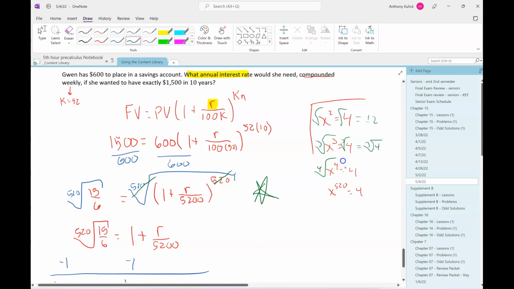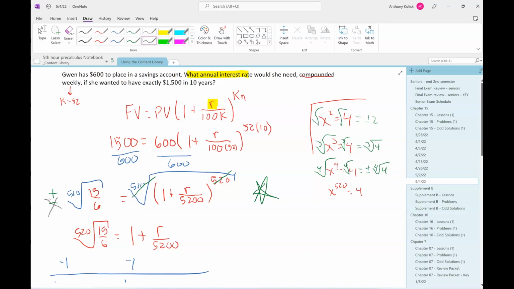If I fourth root both sides here, plus or minus fourth root of 4. So Landon, you see it? You didn't include the plus or minus. But that's okay because we know intuitively that the interest rate is going to be positive if you're getting more money. We can automatically throw away the possibility of a negative. So you don't have to worry about the plus or minus here, but I figured we should at least make mention of why we didn't worry about it, even though we used an even root.